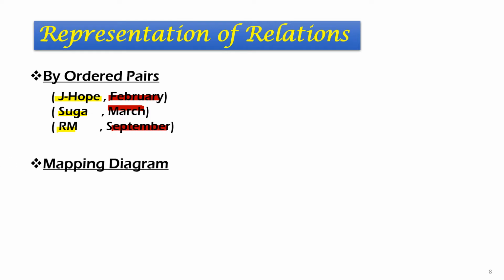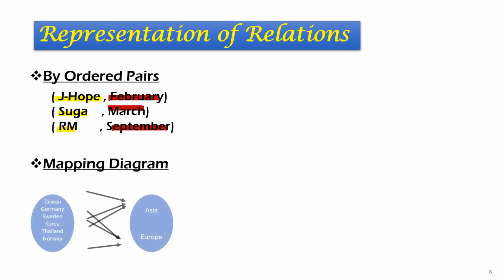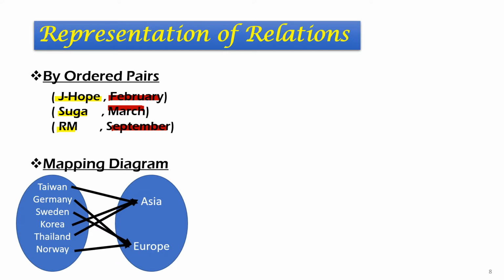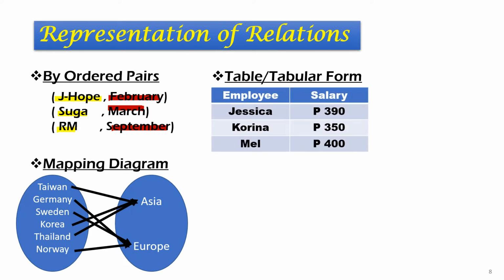Next, we also use a mapping diagram to represent a relation. So for an example here, we have on the left side of the diagram countries, and on the right side are continents. Okay, so they are divided into Asian countries and European countries. So that is a mapping diagram. Now, we can also represent a relation using a table or a tabular form.